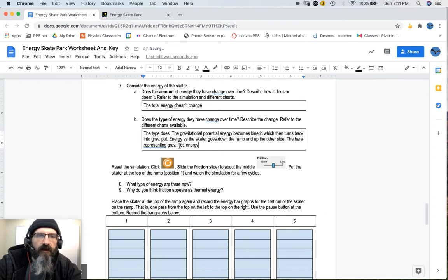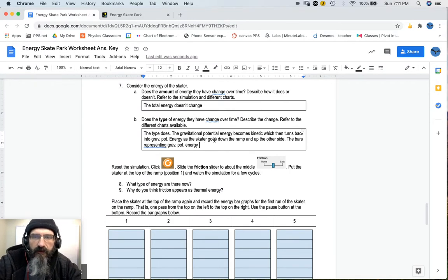Energy. That capital just drives me nuts. Oh, the E gets capitalized. It doesn't need a period, but it does it again. Nuts to you. The bar is representing gravitational potential energy.